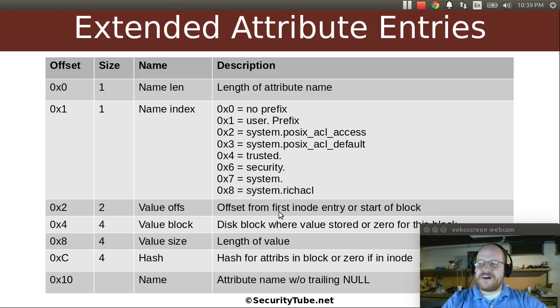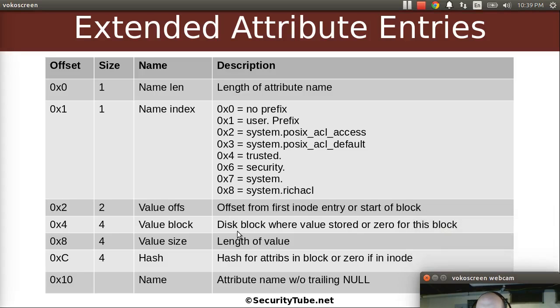Then we have the offset from the first inode entry or the start of this block. Then we have the disk block, where our value is stored, or 0 if it's in this block. The length of the value, and a hash for the attributes in block, or 0 if it's in the inode. The attribute name without a trailing null comes next. And that's pretty much it.